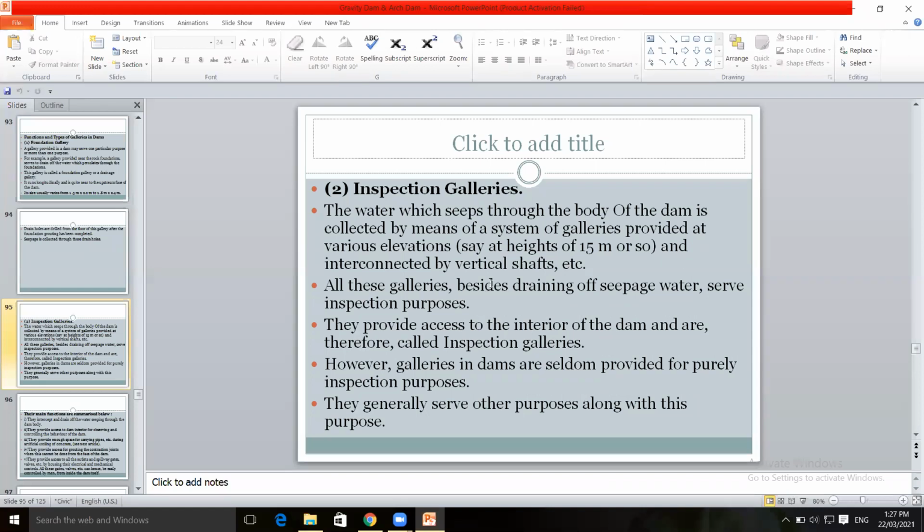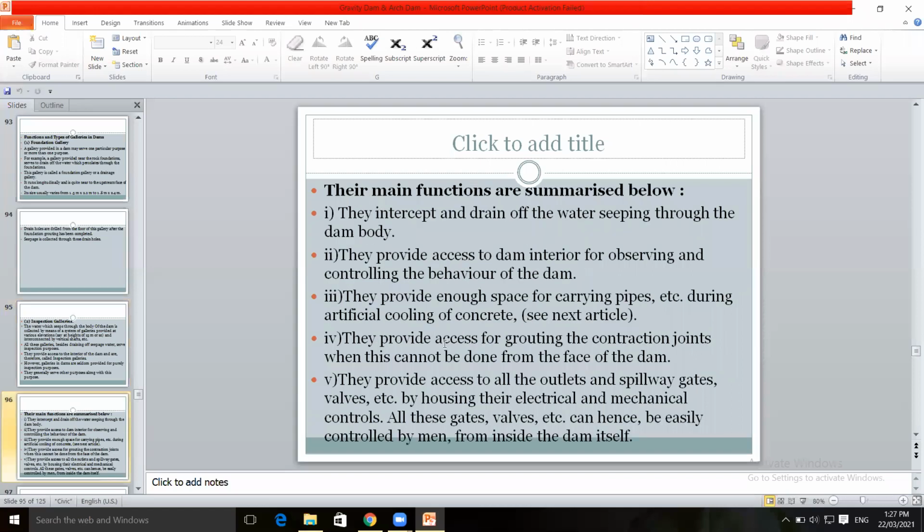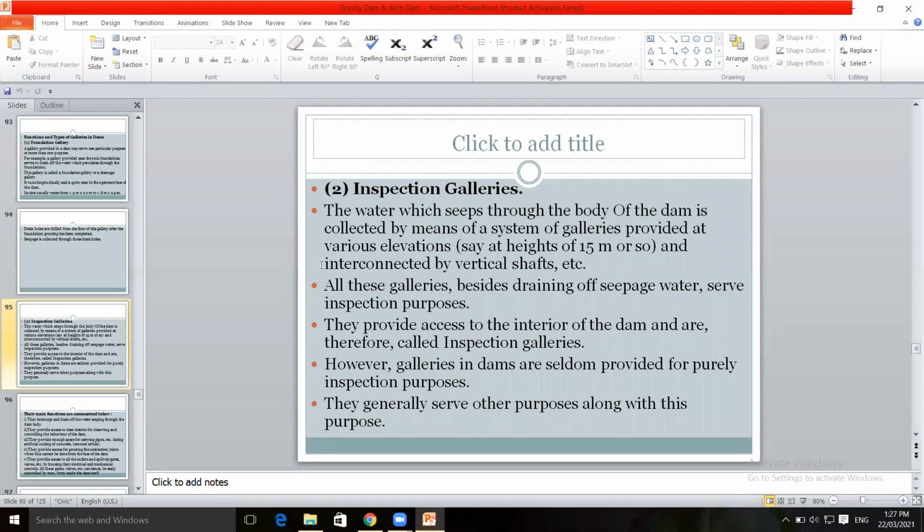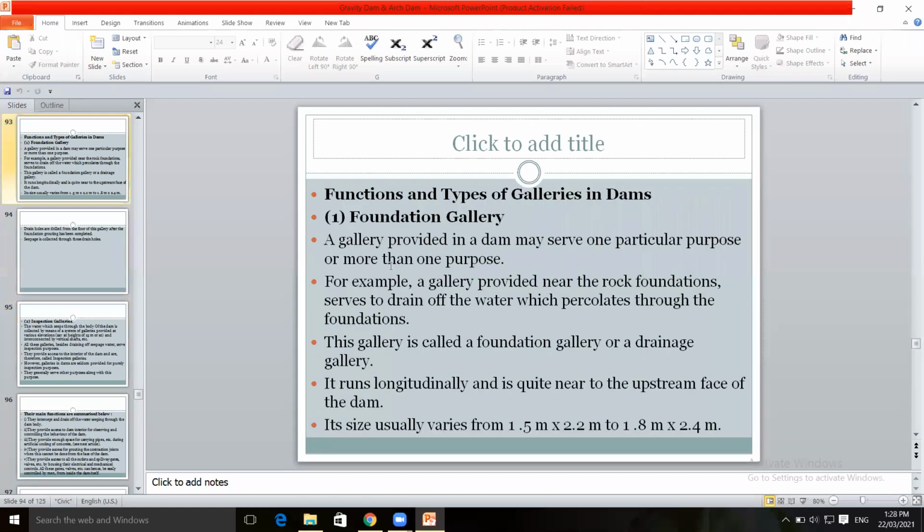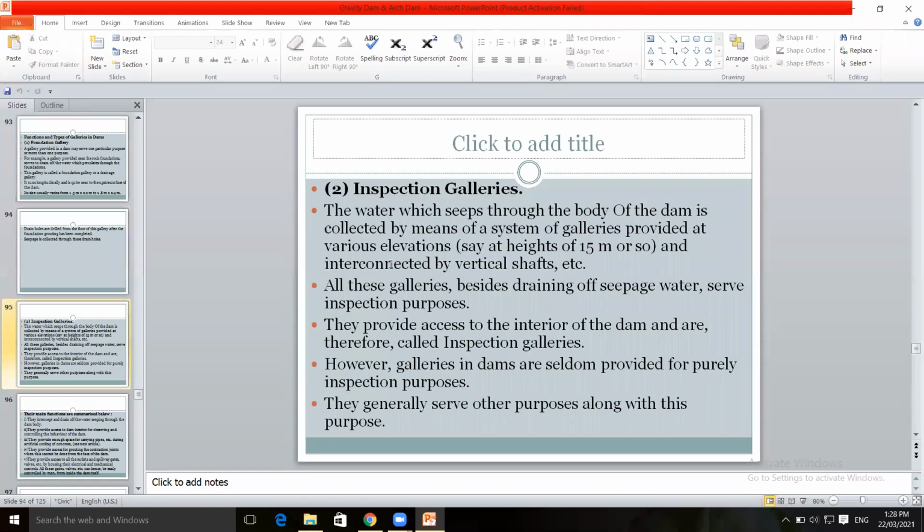The seepage of water is observed inside the dam. Through these inspection galleries, we can observe the seepage of water. They generally serve other purposes along with this purpose. These are the two types of galleries: foundation galleries and inspection galleries.